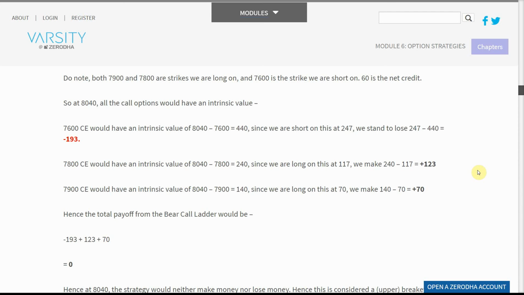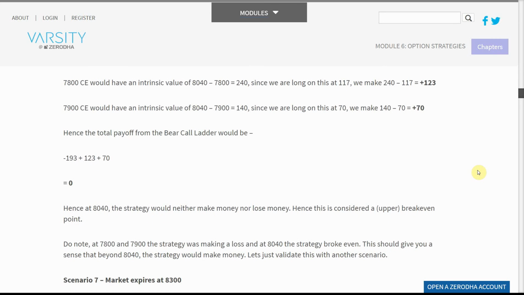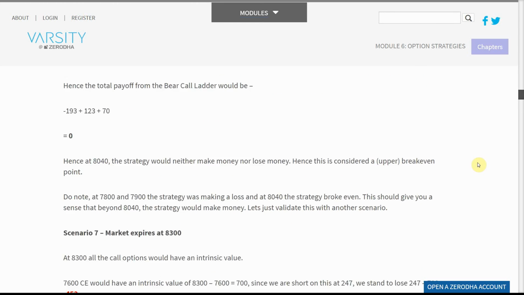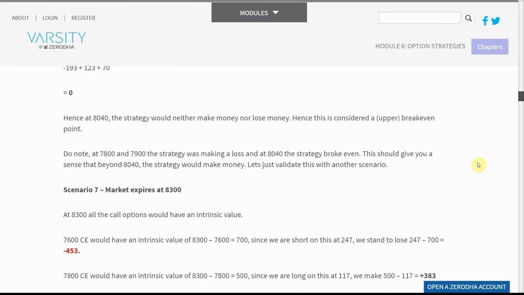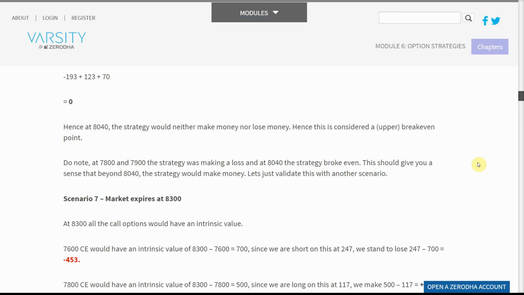Since we are long on this at 70, we make 140 - 70 = +70. Hence the total payoff from the bear call ladder would be -193 + 123 + 70 = 0. Hence at 8,040, the strategy would neither make money nor lose money. Hence this is considered an upper break-even point.